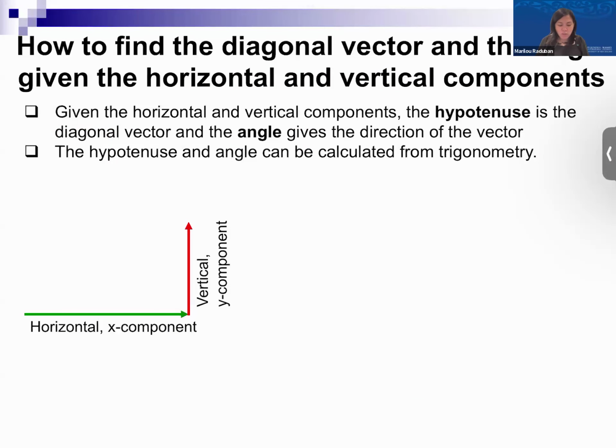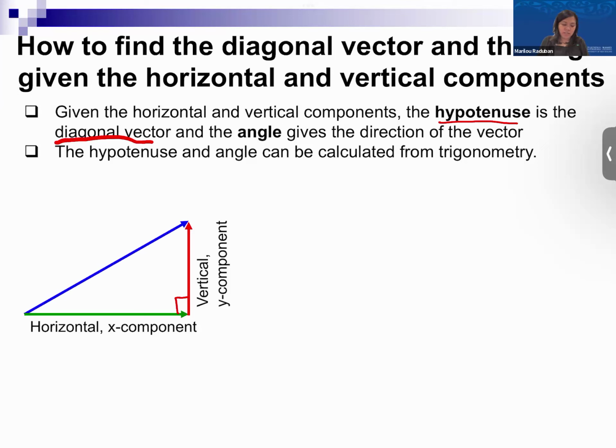Right. Because we know that the horizontal and vertical components are always perpendicular to each other, and the hypotenuse of this right angle triangle is the diagonal vector or the resultant vector, we then need to find the hypotenuse using trigonometry.